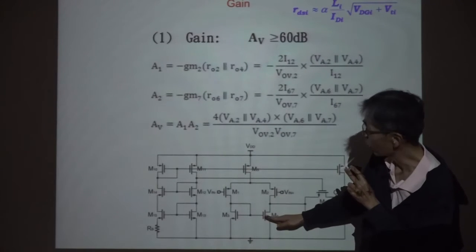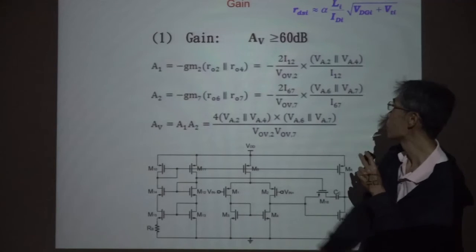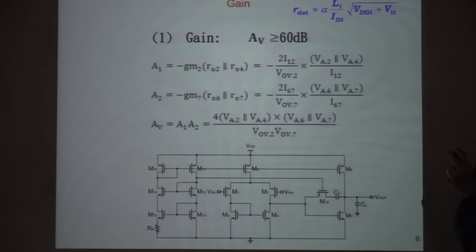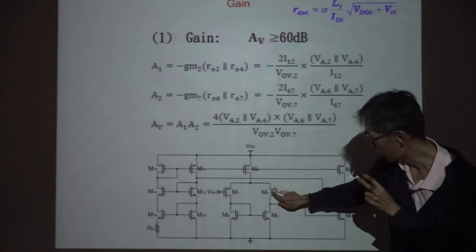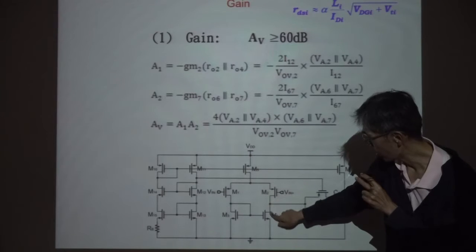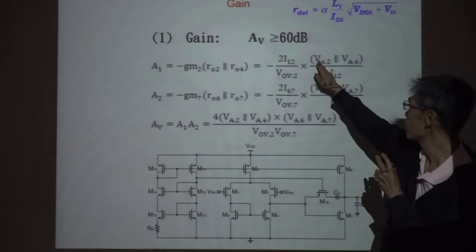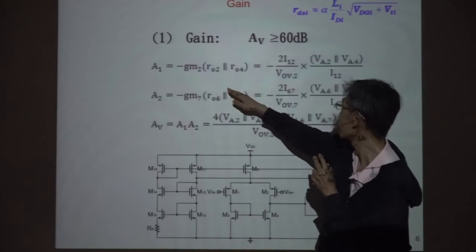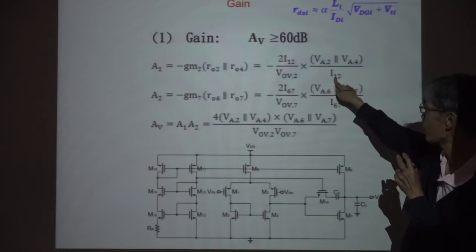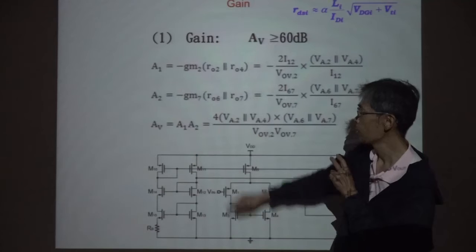They are in parallel. So this is A1. And I12, this is the current. VA, the Early voltage, divided by I, we can get R. Early voltage divided by I, we get R.